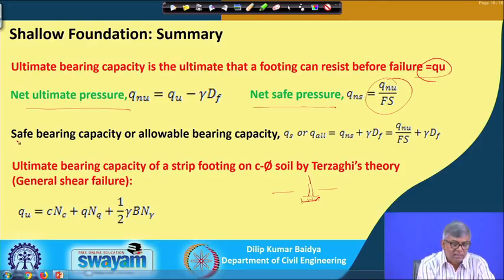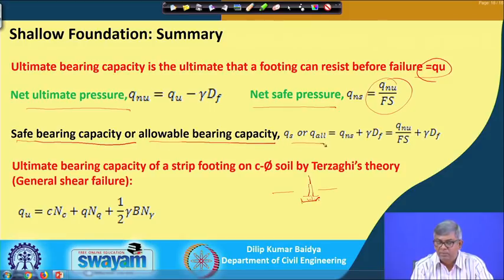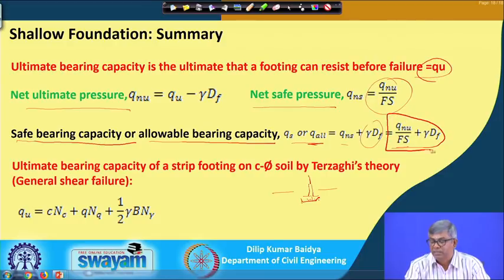Finally, what we use is the safe bearing capacity or allowable bearing capacity, which will be equal to QNS plus gamma Df, the surcharge, because gamma Df itself requires no factor of safety. So, I have applied the factor of safety here, and finally I am adding it there. So, QNS will be QNU by Fs plus gamma Df, and this finally becomes the allowable bearing capacity, and that has to be used for all calculations, sizing of footing, etc.